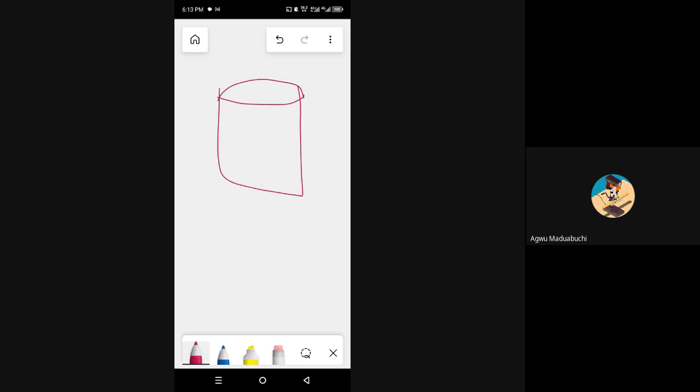Now, they will ask you the mass of the container in grams. So let's say the mass of the container in grams is about 80 grams. Did you process that?